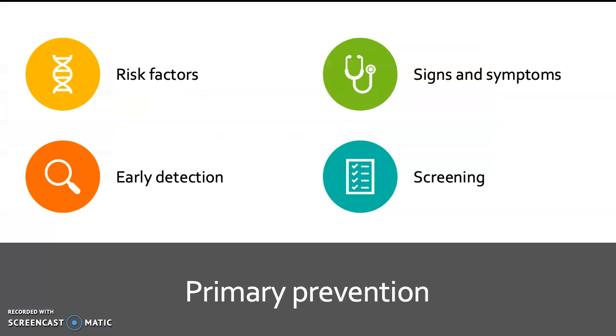This interdisciplinary community-based program, POP, utilizes primary prevention strategies. In order to educate its participants, the goal of the primary prevention in this setting is to educate the participants and prevent the disease from ever occurring by educating its patients on risk factors, signs and symptoms, and steering them towards early detection.